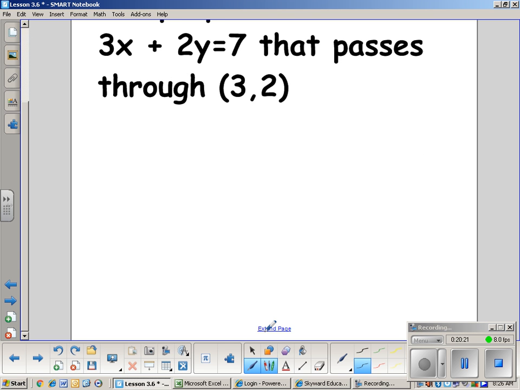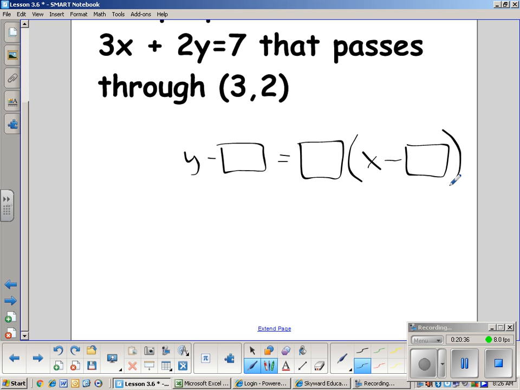So anytime we find the equation of a line, we're looking at y minus, we're looking at this. What goes in the first box? Y1. What goes in the second one? M. And the third one? X1.